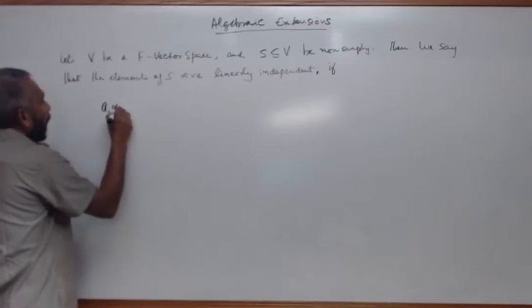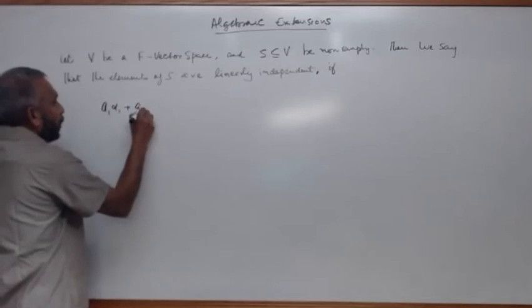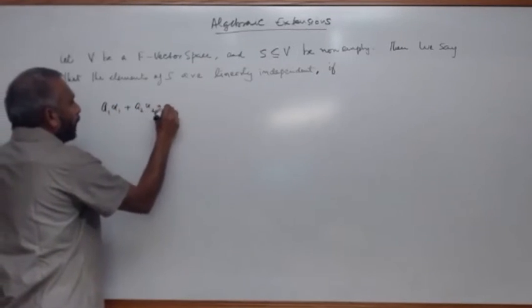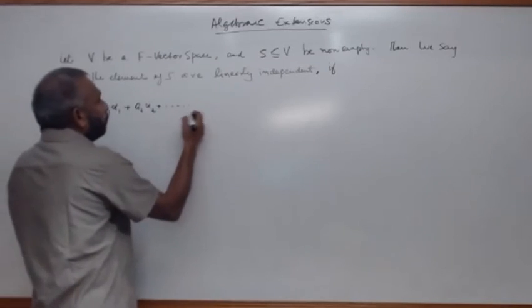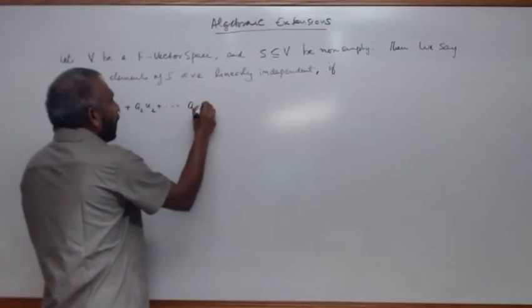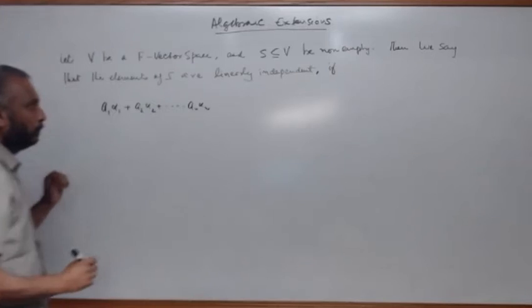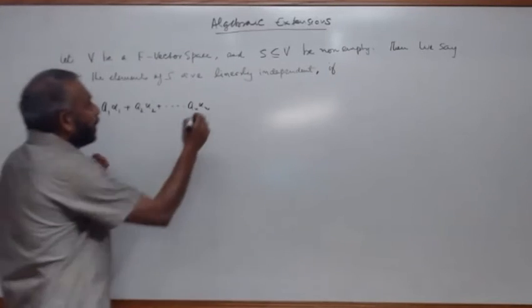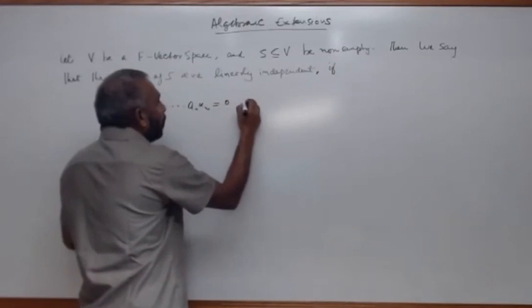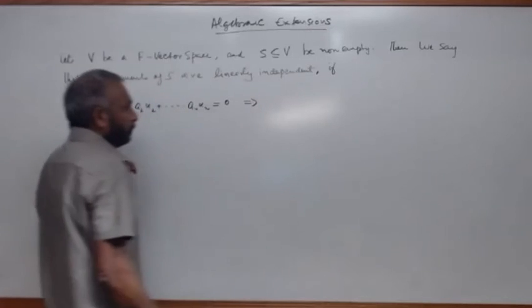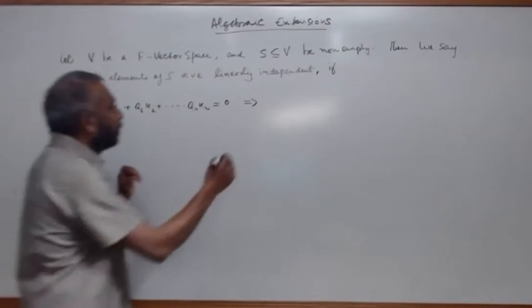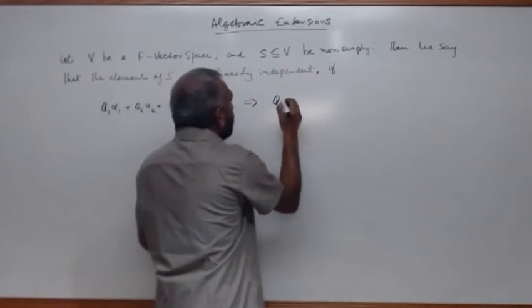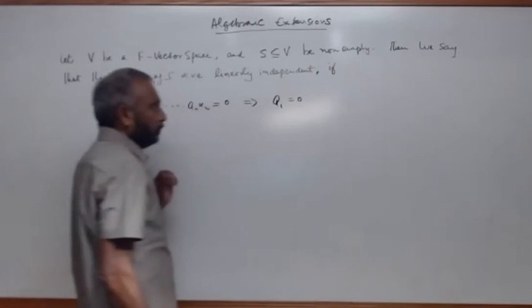a1 alpha 1 plus a2 alpha 2 plus ... plus an alpha n is equal to 0 implies the ai's are zeros.